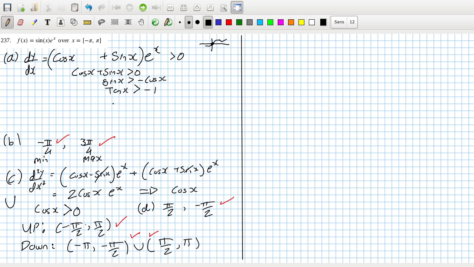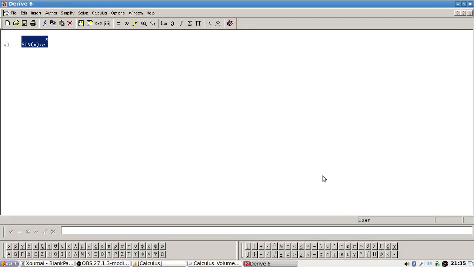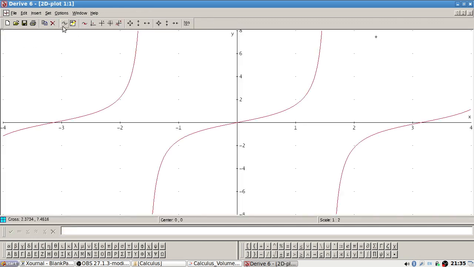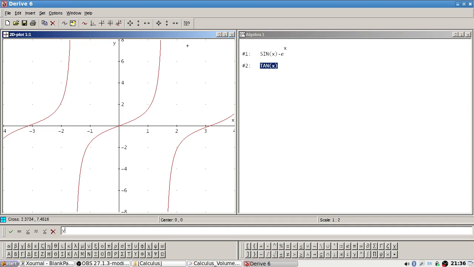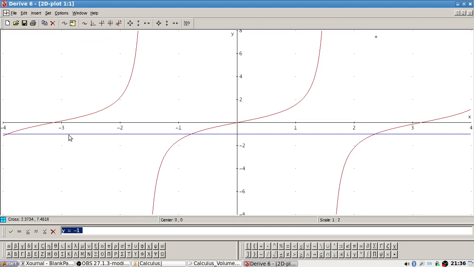Again, if I just draw the graph here, so tan x is more than minus 1. So all the way to here, but not after pi over 2.